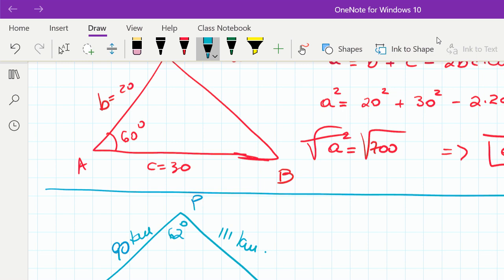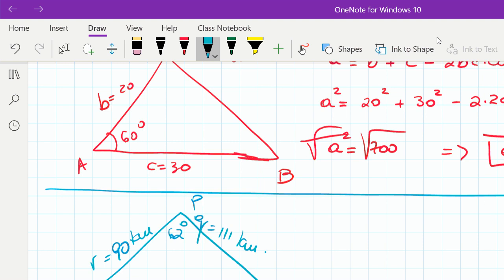And we are looking for the distance QR. So the distance QR is p, the distance PQ is r, and the distance PR is q.